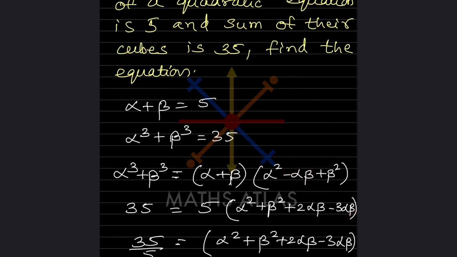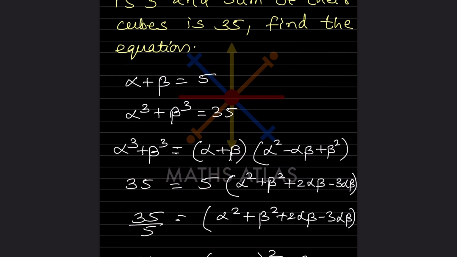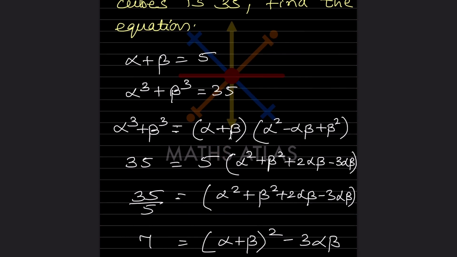So now see here, this 35, this is multiplication, so this 5 will go in the denominator. This will be 7. So for this whole part, we have the formula alpha plus beta whole square minus 3 alpha beta.